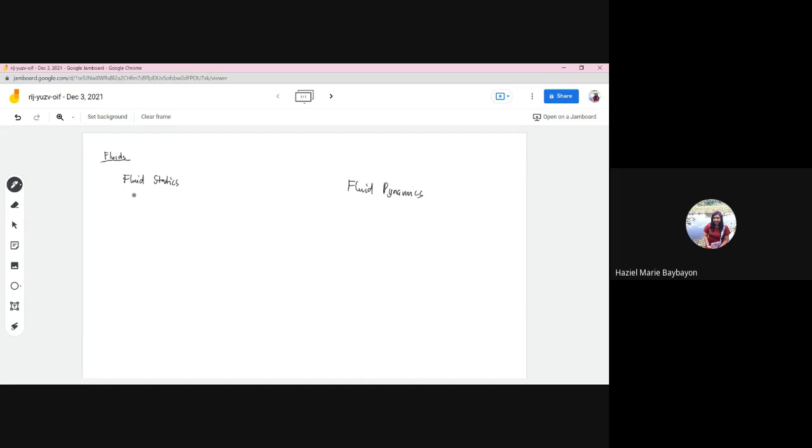All right. So fluid statics deals with fluids at rest. Fluids at rest or fluids that are in equilibrium. While fluid dynamics deals with fluids in motion.